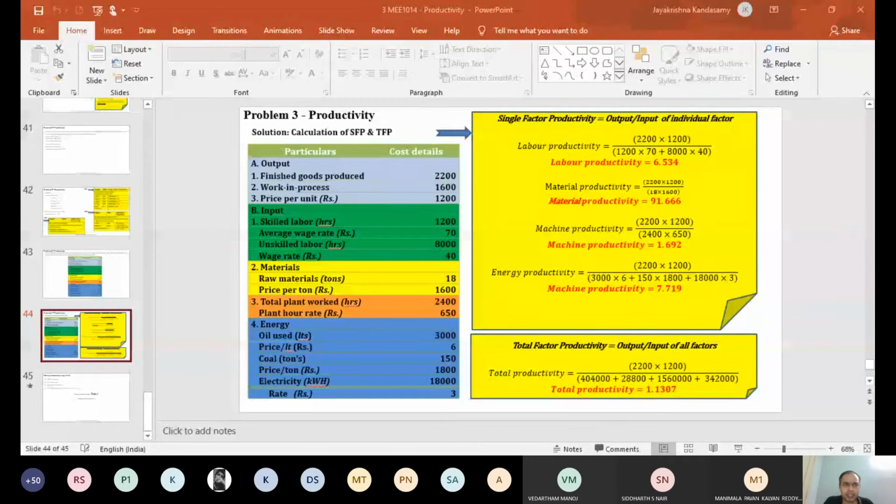In this module, we will be covering the elements of cost, determination of material cost, labor cost, expenses, types of cost, cost of production, overhead expenses, break-even analysis, and we'll do a few problems also. We are going to do around six to seven problems in this module. Okay, let's go one by one.